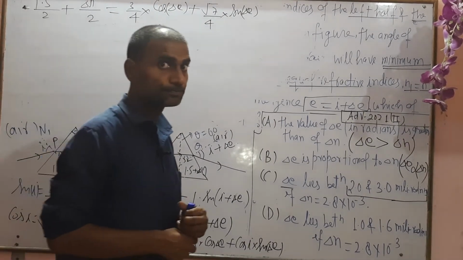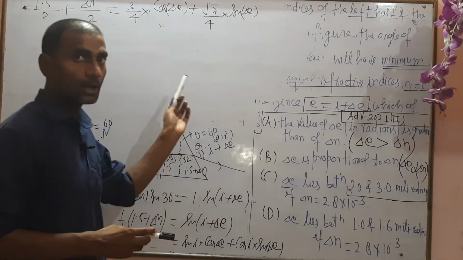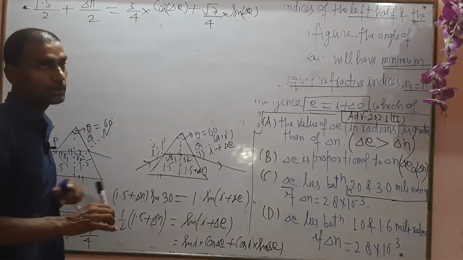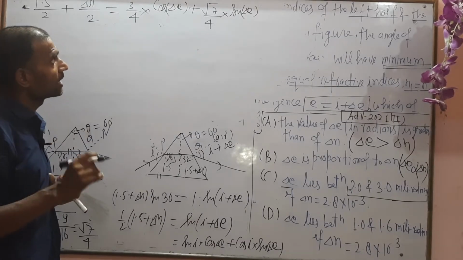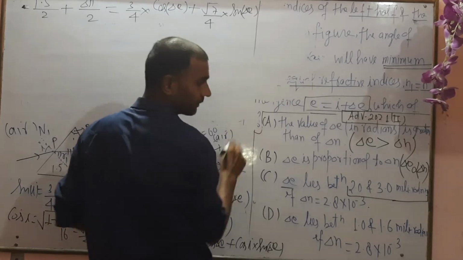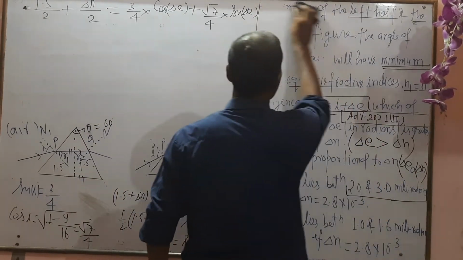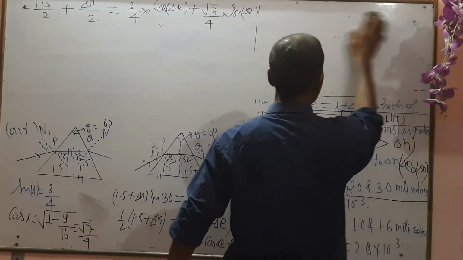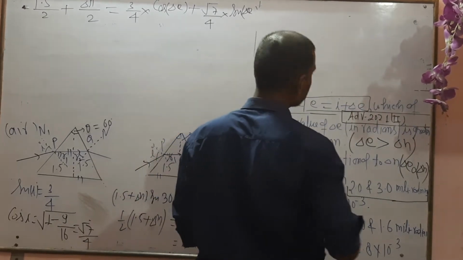We know that the refractive indices are given, because delta is a very small quantity. You know that if theta is a very small quantity, then what will be the values of sin theta, cos theta and tan theta?